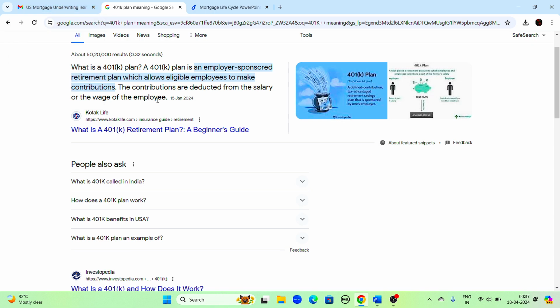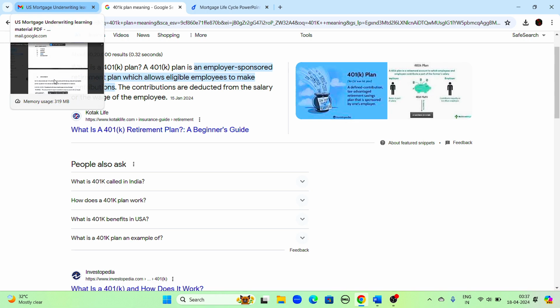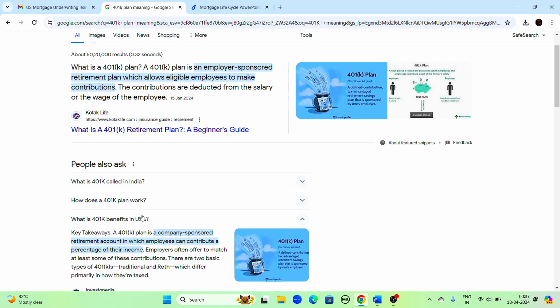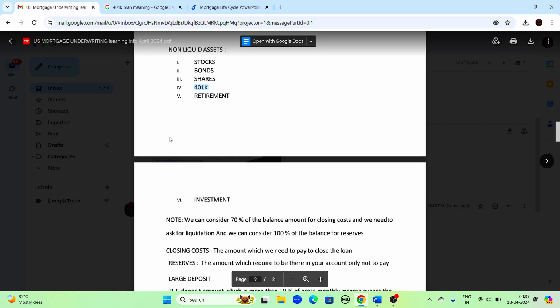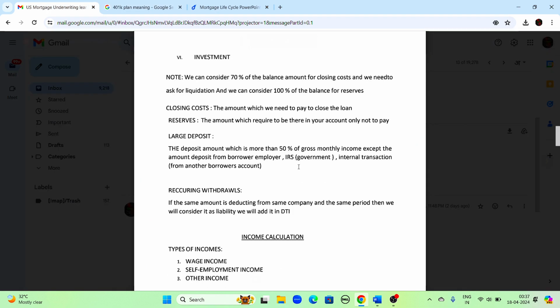So it is like a deduction in your salary, and it is only for the eligible employees to make a contribution. 401k plan: a company sponsored retirement account in which employees can contribute a percentage of income, and employers often offer to match at least some of these contributions.